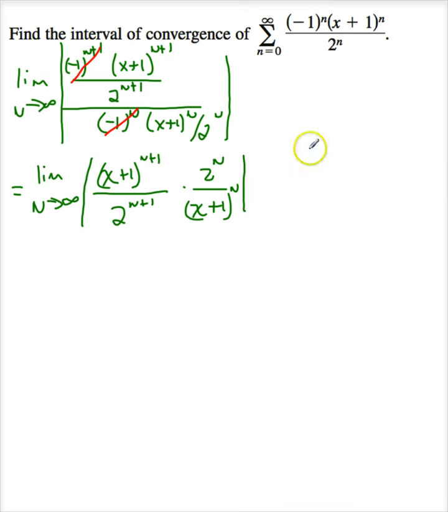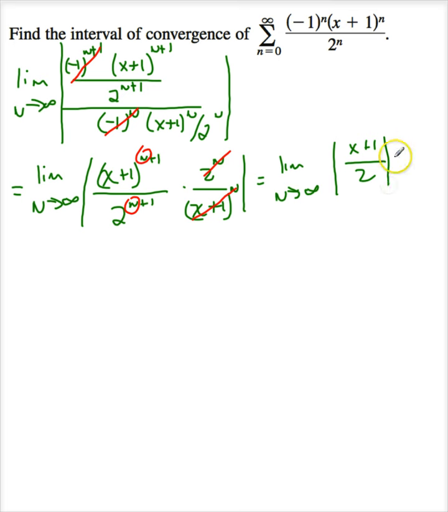Now, what will cancel here? I'm going to lose that power of n and that term. So this becomes the limit as n goes to infinity. What am I left with in the numerator? The absolute value of x plus 1 divided by 2.